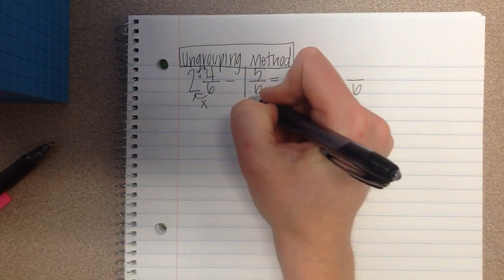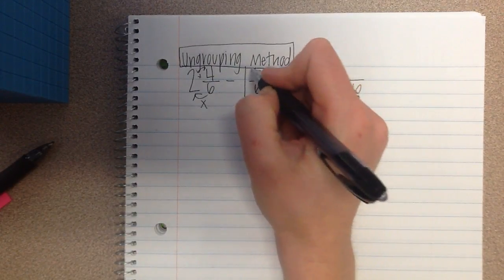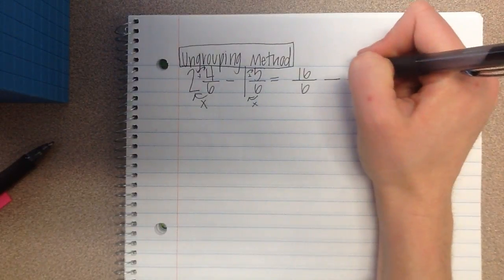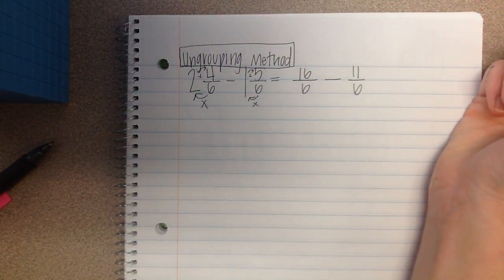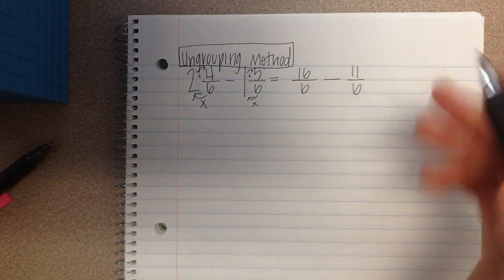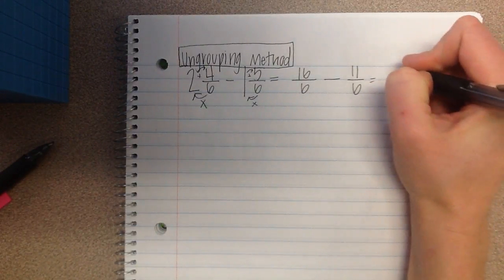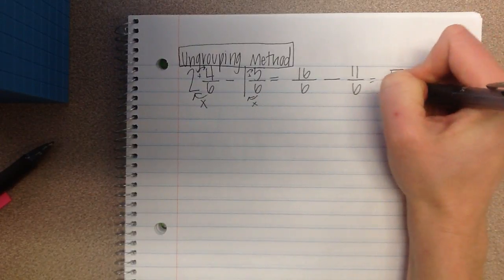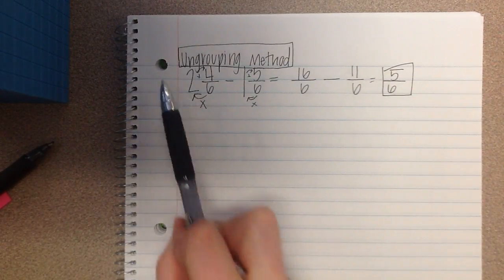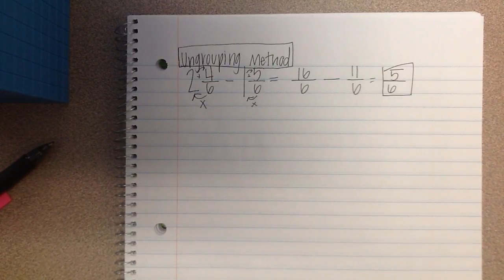And then 6 times 1 equals 6, plus 5 equals 11. Now I have common denominators. What is 16 minus 11? 5 over 6.